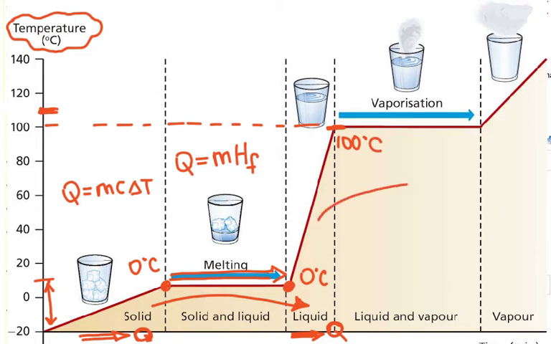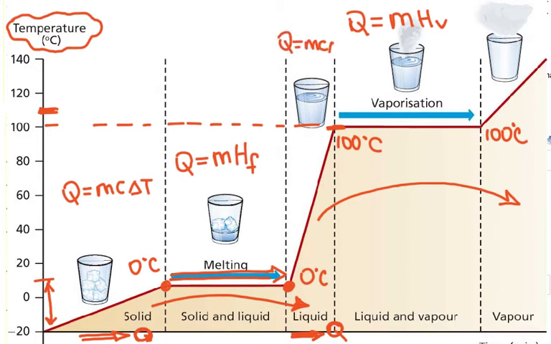When the state is changing from liquid into the gas, the temperature is not going to change. So if the temperature is not changing, I'm going to use the Q formula, which is mH, and this one is vapor. Again, the heat of vapor is usually also given. But where the temperature was changing for the liquid, you would use heat is equal to mc delta T.